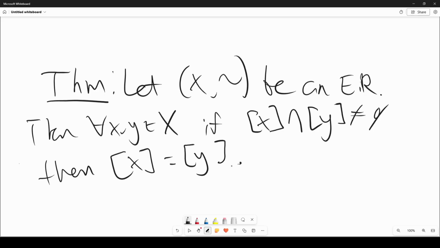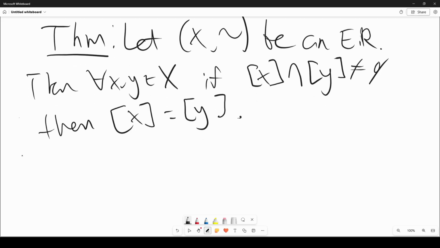Okay, let's prove this. Should be pretty straightforward with the lemma we have. This should not be immediately obvious either. This is just saying that if there's anything in common, they actually have to be the exact same thing.